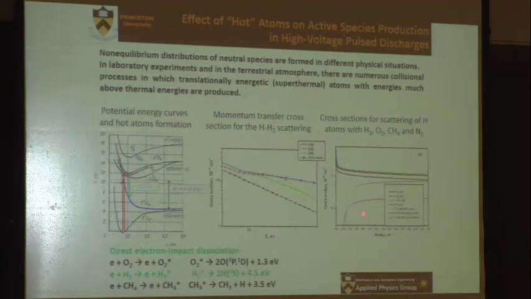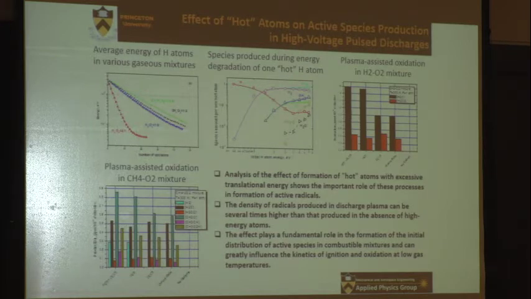So this is a diagram. Basically, it says that the super thermal atoms with high energy will change the reaction rate. This diagram shows plasma assisted combustion in a hydrogen oxygen mixture.